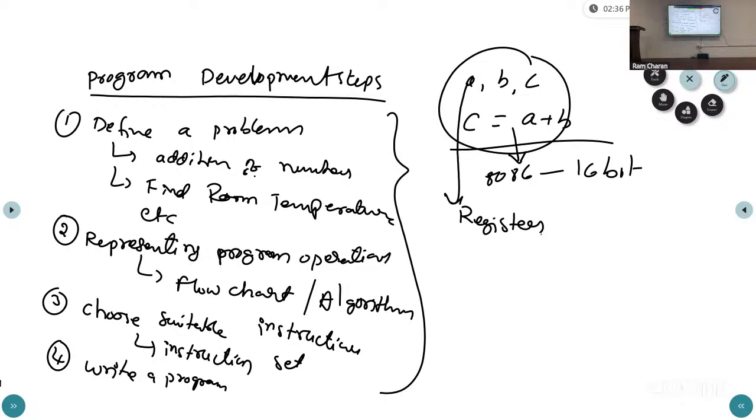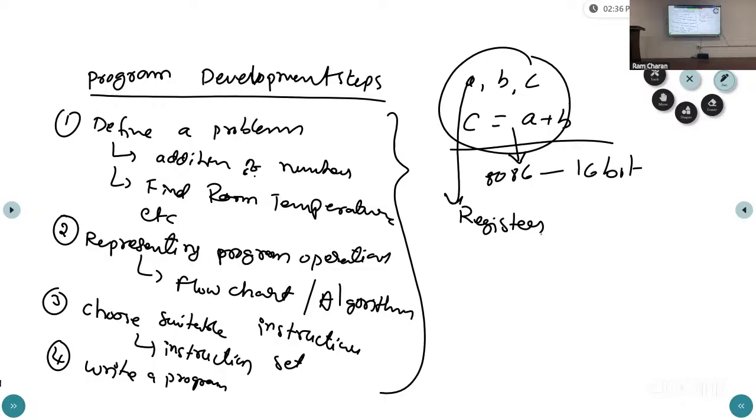And coming to 8086, it is the advanced one compared to 8085. The 8086 is a 16-bit processor. The data range is 0 to 2 to the power 16 minus 1, that is 65,535.